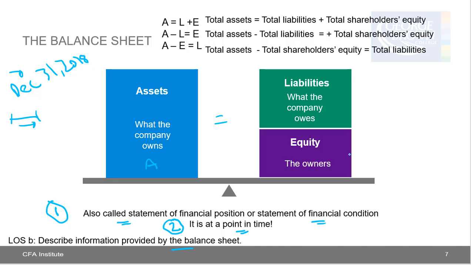And it's showing the owner-supplied capital, which is also known as shareholders' equity or stockholders' equity or owner's equity, different terms meaning the same thing. And so as you can see here, the accounting equation that we need to be familiar with is assets equals liabilities plus equity. So if I have an asset, it has to be financed either through a liability, which is an obligation to a lender, or it's from owner-supplied capital.